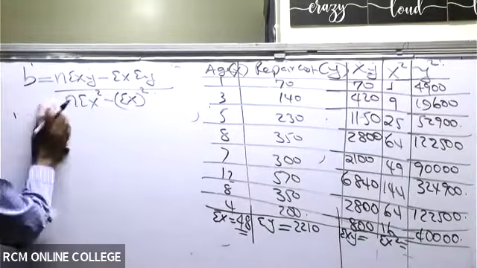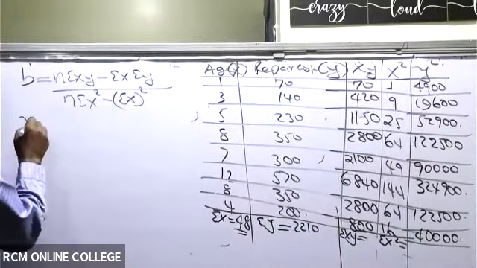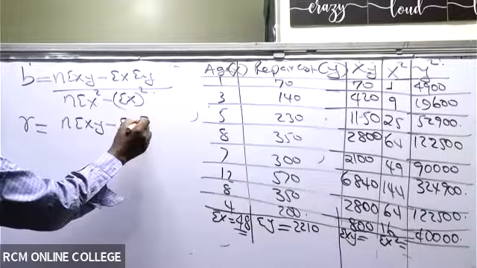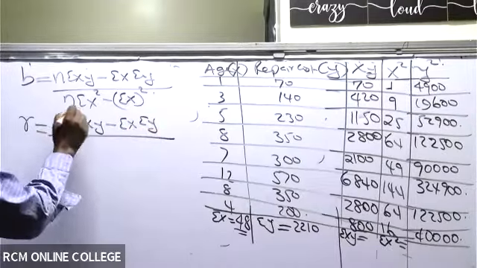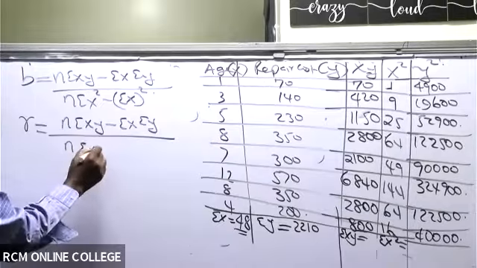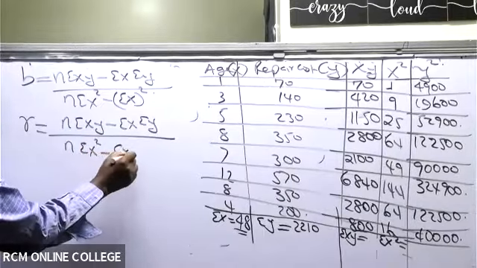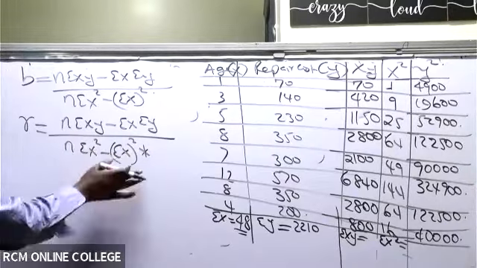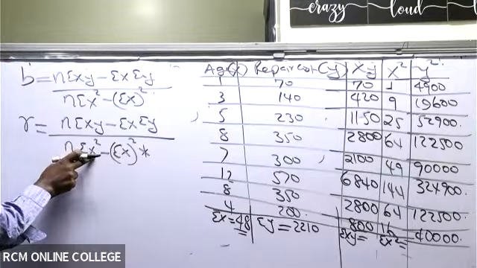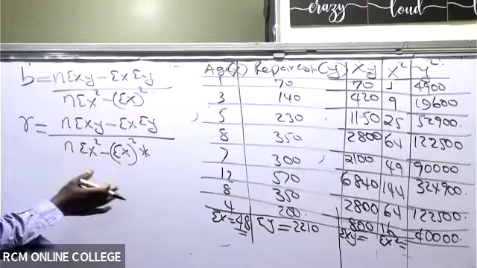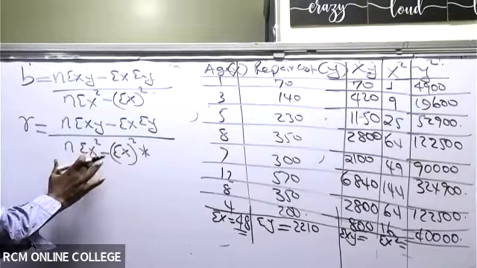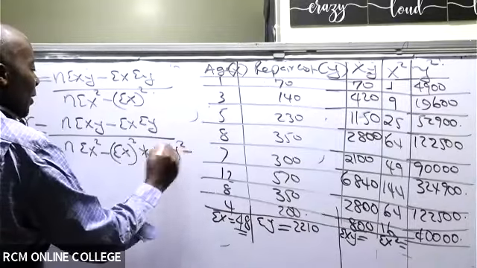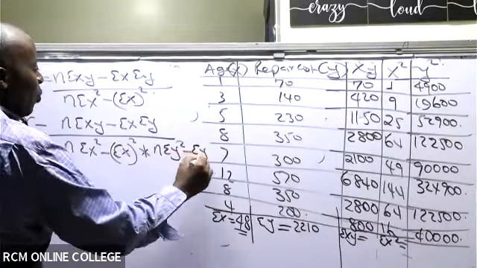To be able to get our R, this is normally what we do. The numerators will be the same: n summations of xy minus summation of x, summation of y, all over n summations of x squared minus summation of x squared, times the same style, but now we replace with the y, because you are correlating two. So it becomes n summations of y squared minus sum of y squared.